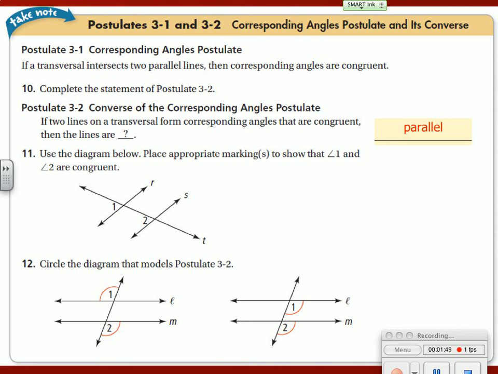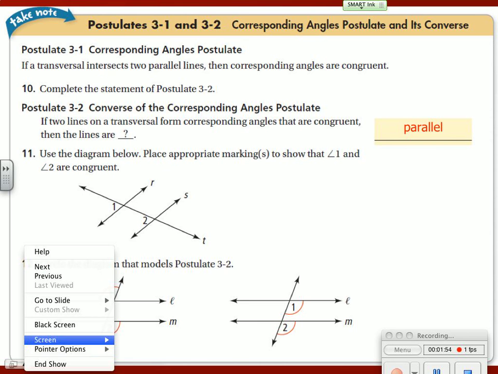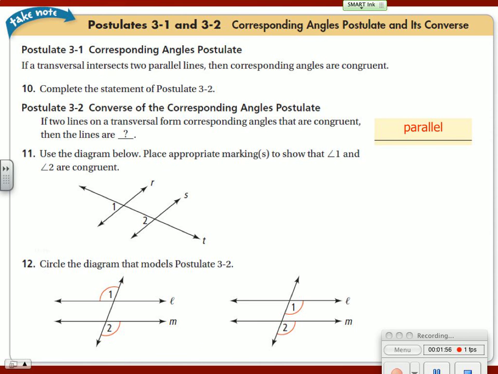We're going to use the diagram below and place appropriate markings to show that angle 1 and angle 2 are congruent. So I need a pen here. I'm going to show that angle 1 and angle 2 are congruent. It's not showing up because it's in white. Hopefully you can see that.